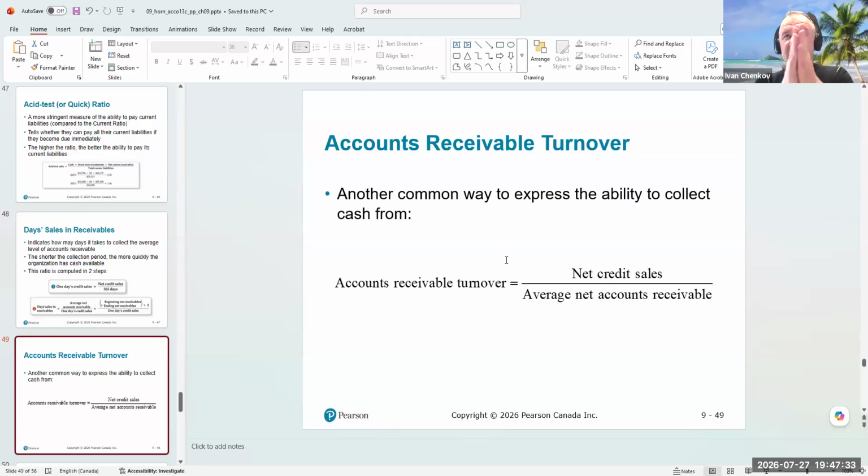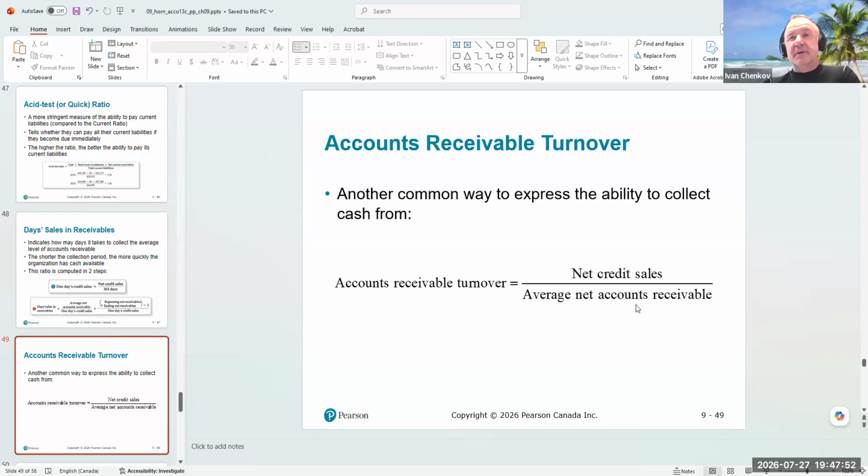So there's no accounts receivable turnover because you collect right away. Now, it's net credit sales divided by average net accounts receivables. How are we going to get the average? That will be a simple average, which means beginning balance plus the ending balance divided by 2.